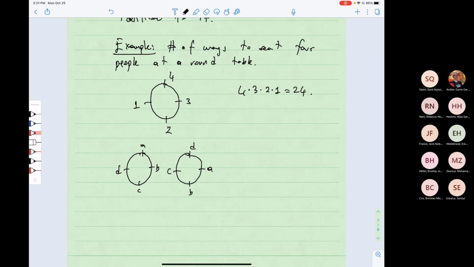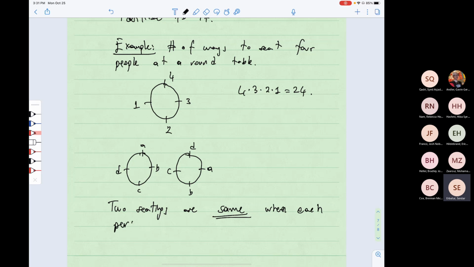So we will say two seatings are the same, or identical, equivalent, all the synonyms can be used, when each person has the same left and right neighbors in them.